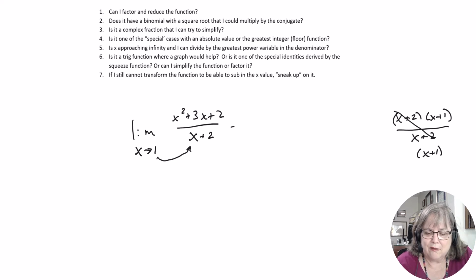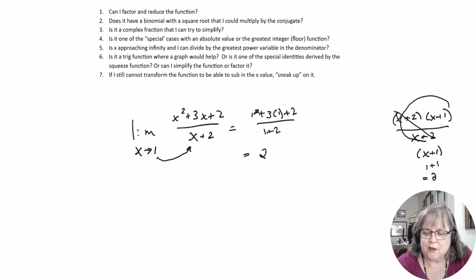So you could have just put the 1 in right here and gone, okay, 1 squared plus 3 times 1 plus 2 over 1 plus 2 is 3, 4, 5, 6 over 3. So this turns out to be 2. If you had factored it and put the 1 in, you would have also gotten 2.